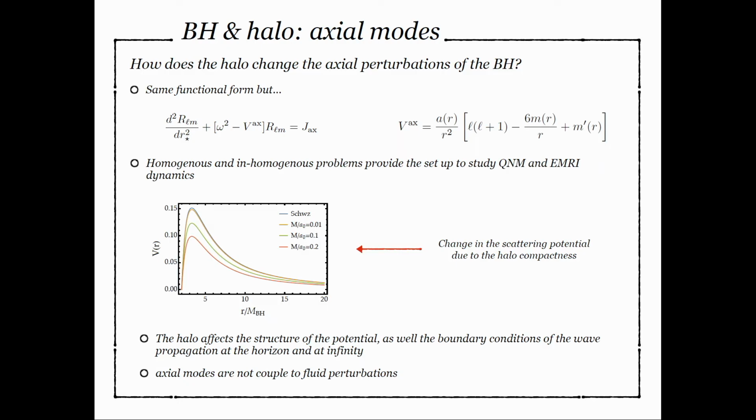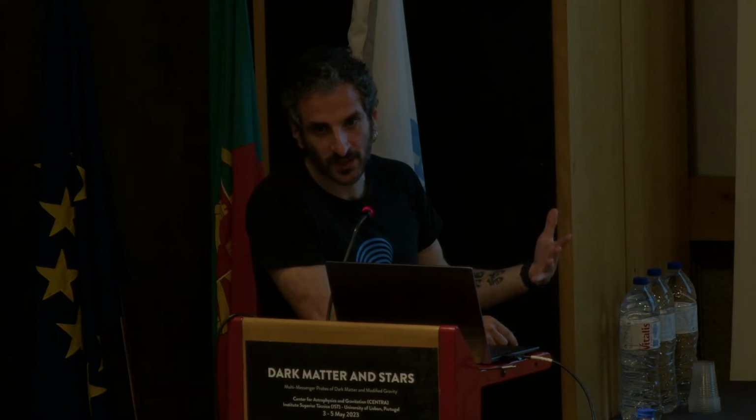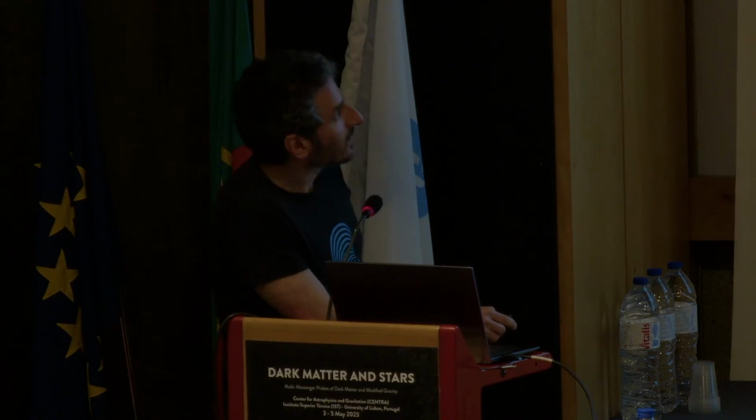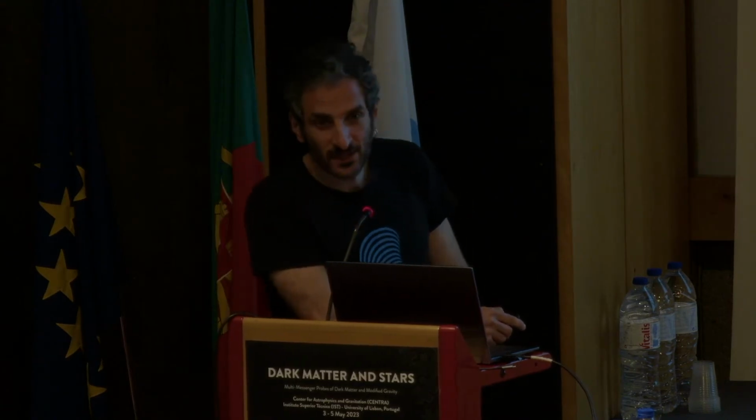This is the change in the scattering potential, and depending on the compactness of the halo, there are certain parameters. Also, an important part is that axial perturbations don't couple to fluid perturbations, so you don't see any delta rho, delta p, or delta velocity, because they couple to the polar sector.